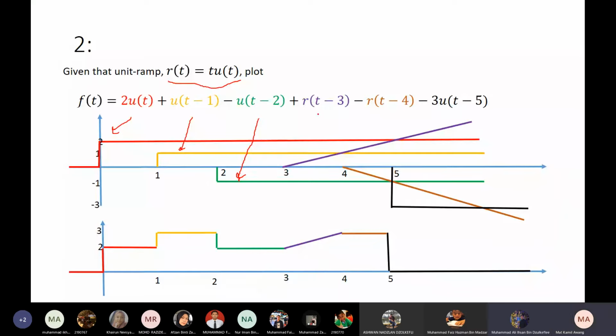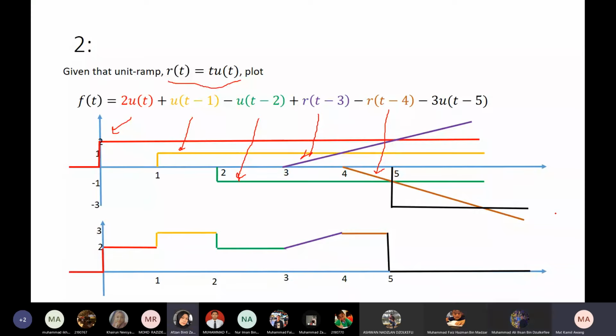Then you have a ramp. This ramp starts at t equal to 3, a delay of 3 seconds. The formula is t u(t), so at 4 seconds the amplitude is 1, because the slope is 1. And r(t) minus 4 is this ramp.